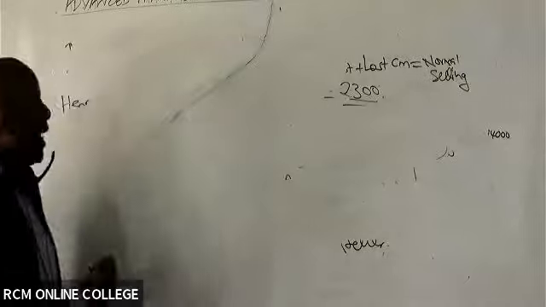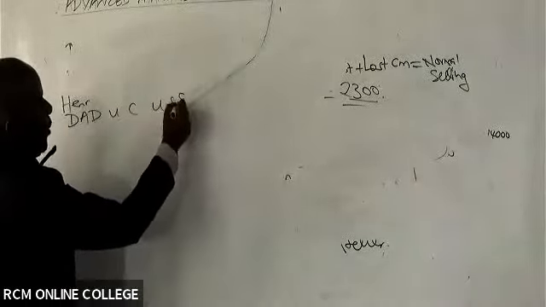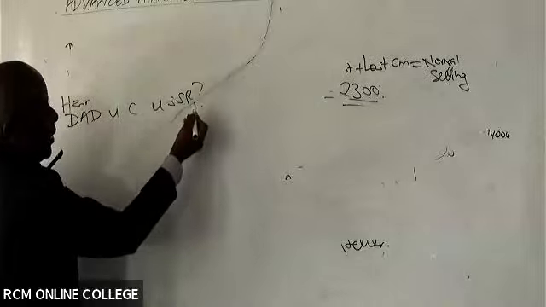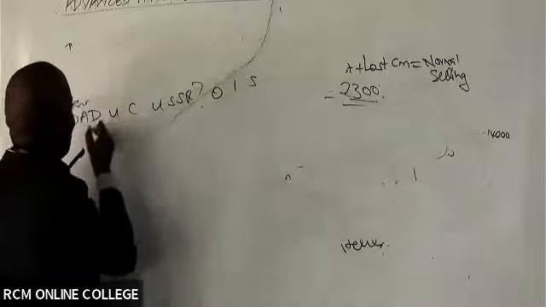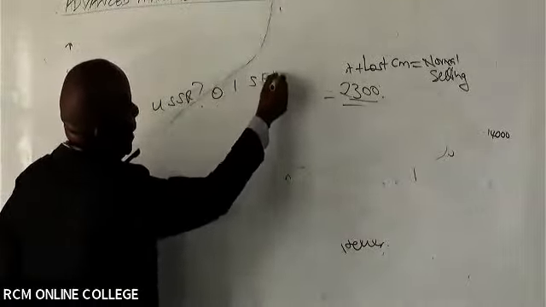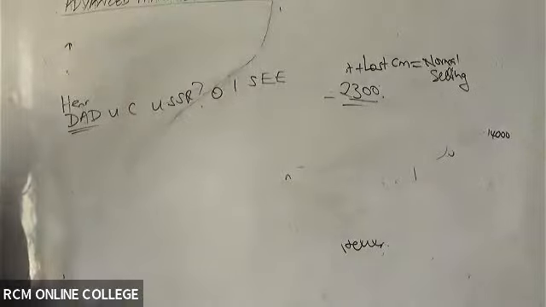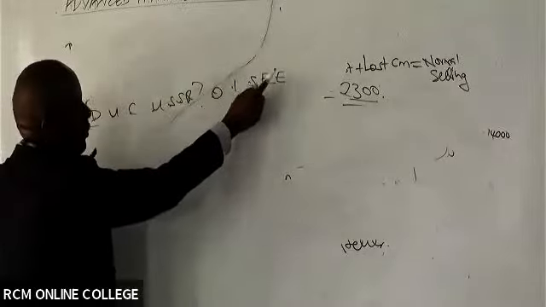No. So the acronym we normally use is DAD, UC, US, kule Russia, USSR. So hata kama ni msichana, unasema sasa umeitwa dad. Sasa umeitwa dad. Una change base, unasema oh, I see. Oh, I see. There are 14. 1, 2, 3, 4, 5, 6, 7, 8, 9, 10, 11, 12, 13, 14.